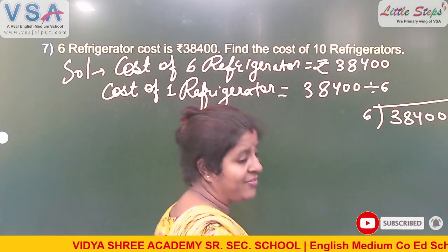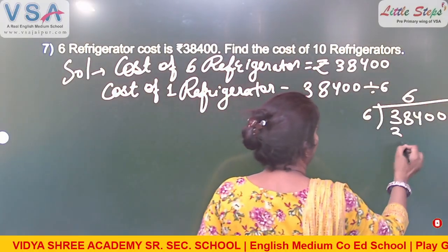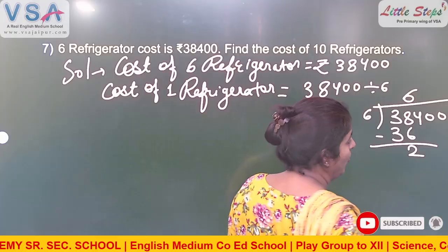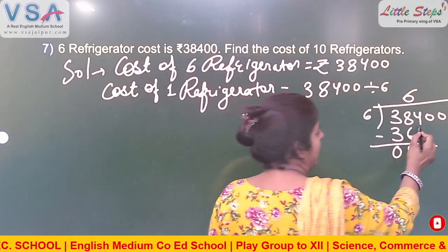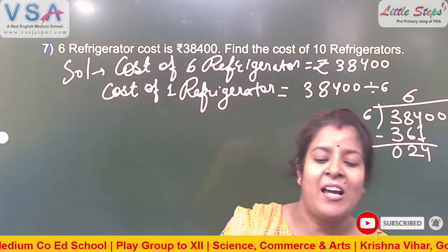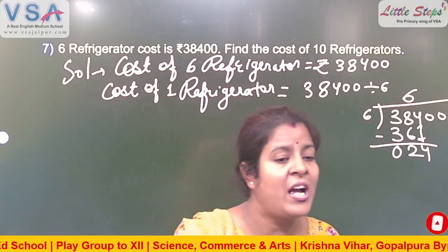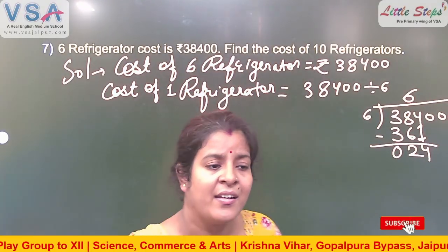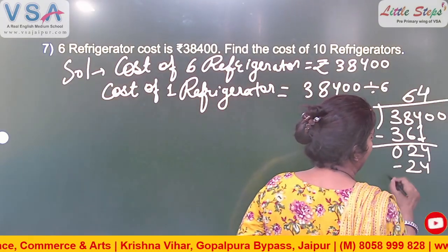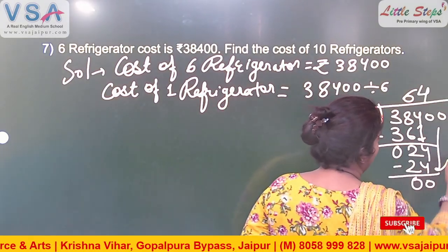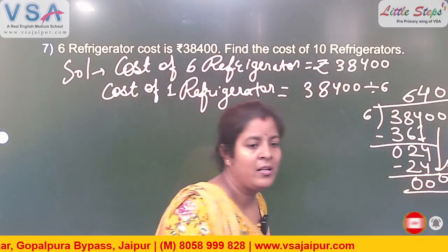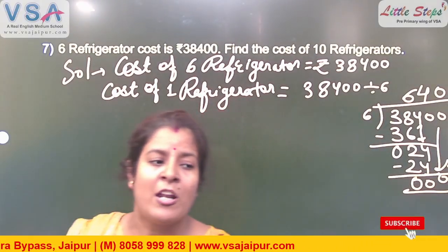That is the answer for this one. 6 sixes are 36, and subtract: 8 minus 6 is 2, 3 minus 3, and write the 4 on this side, and again put a table of 6. 6 fours are 24, and write the 2 zeros on this side. So in the quotient, write the 2 zeros also. Okay. So we get the answer 6,400 rupees.